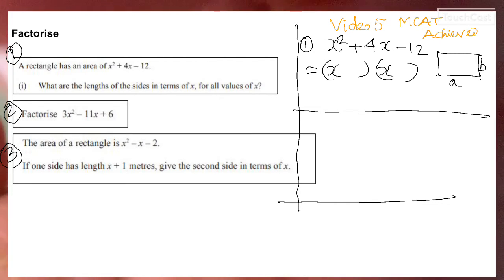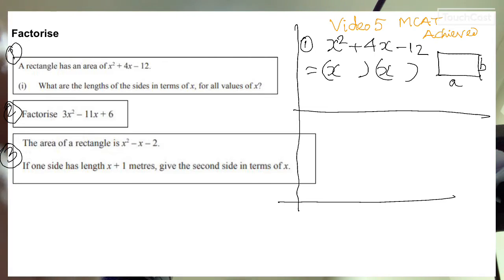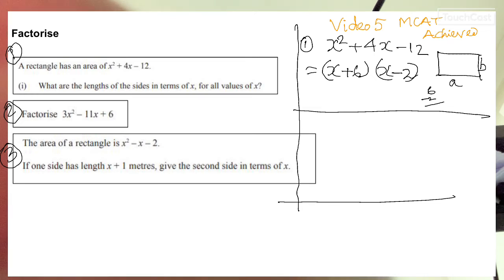if I go positive 6 and negative 2, 6 minus 2 should give you 4, so that equates to the middle term, the coefficient sitting in front of the x value.